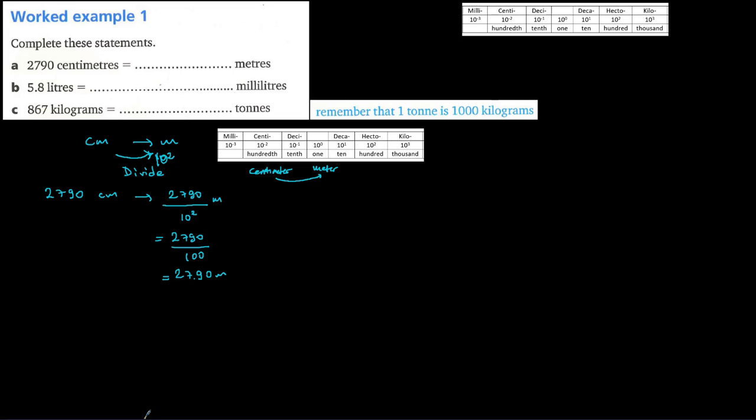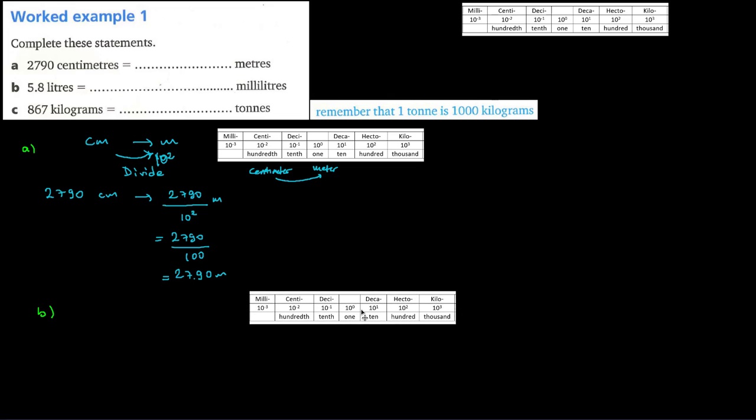In the second exercise, that was A1, and now I'm going to solve B1. 5.8 liter is given, and we are going to convert to milliliter. If I copy this one again here, this time the unit is different. This time the unit is liter, and we are going to convert to milliliter.